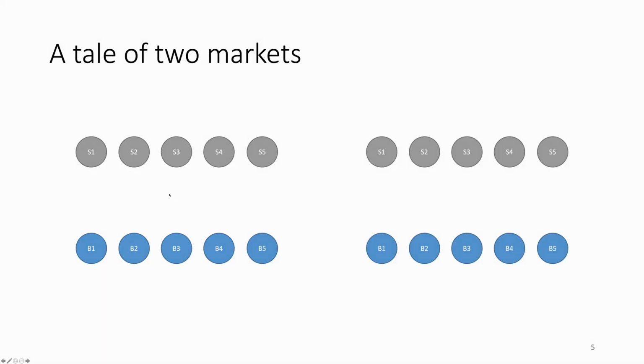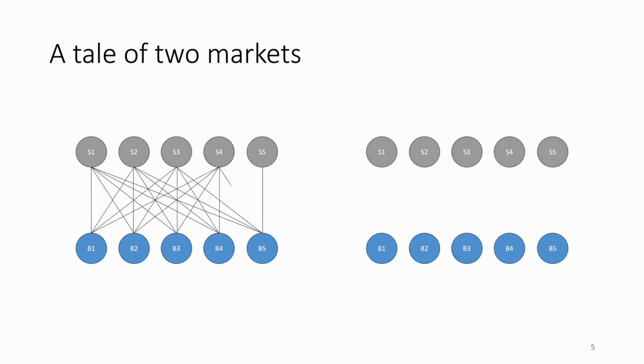In that case, how many transactions are needed for this market to be fully established? That is, for every single seller to be able to sell to every single buyer. Well, the solution is simple. We need to connect every seller to every buyer.